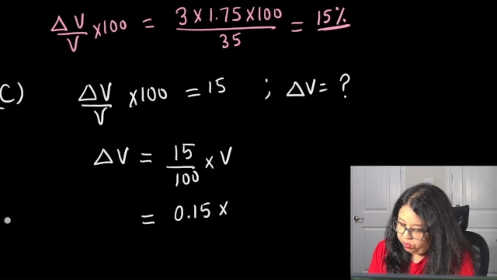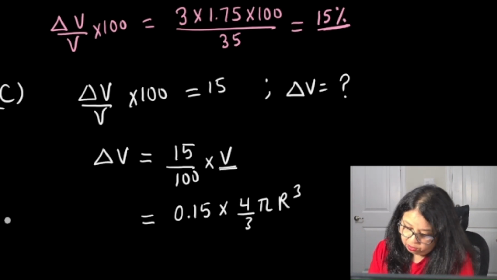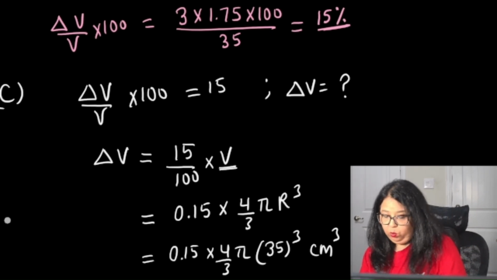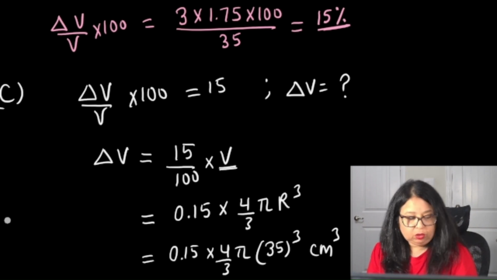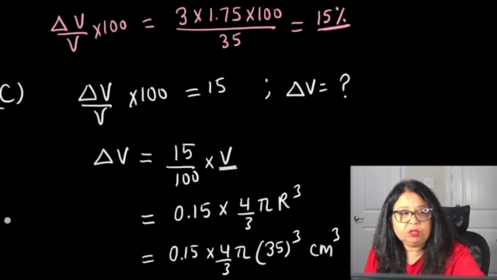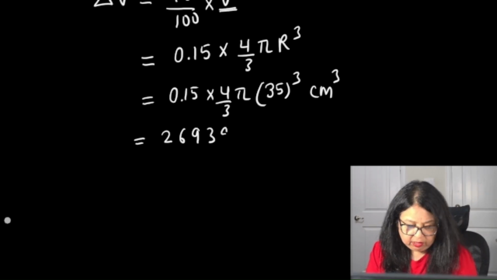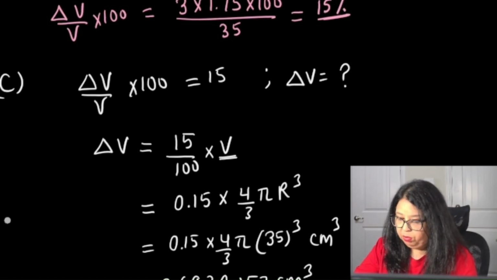This gives us 0.15 times V, and V is 4 over 3 pi r cubed. So 0.15 times 4 over 3 pi. What is r equal to? 35 cubed, and this is cubic centimeters. What does this give us? This is a huge number. This is equal to 26939.157 cubic centimeters. Big number.